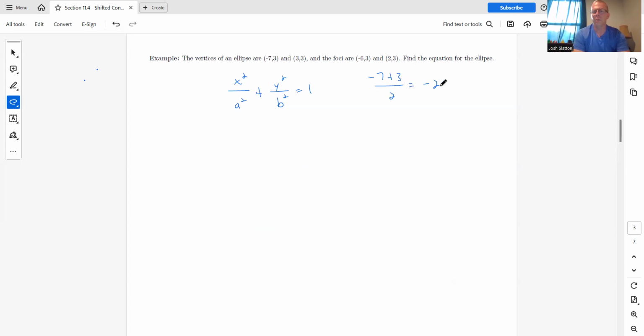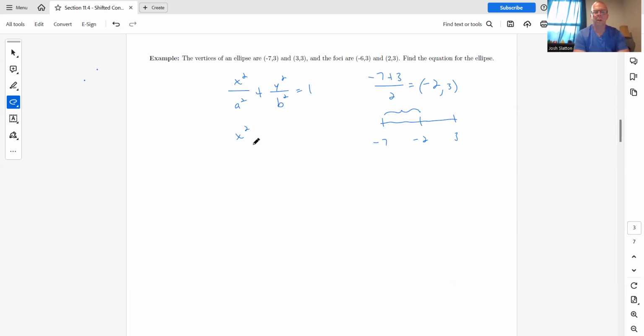And so we get -2. And so that gives us the center would be (-2, 3), because the 3 is obviously the same on both. So now how far? So if we have -2 there, we have 3 over here, we have -7 over here. What's the distance? That will tell us what a is. So a is going to be 5.